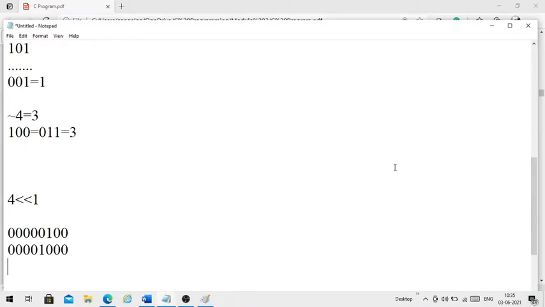What is this number? This number is 4. What is this number? This number is 8.